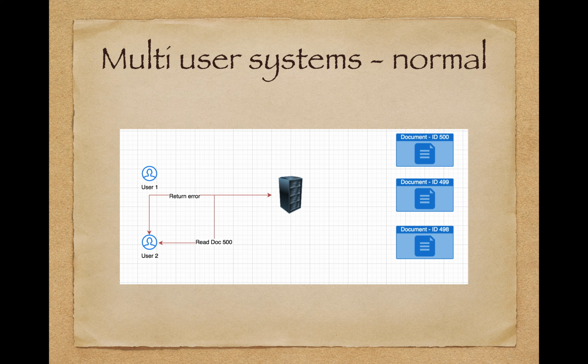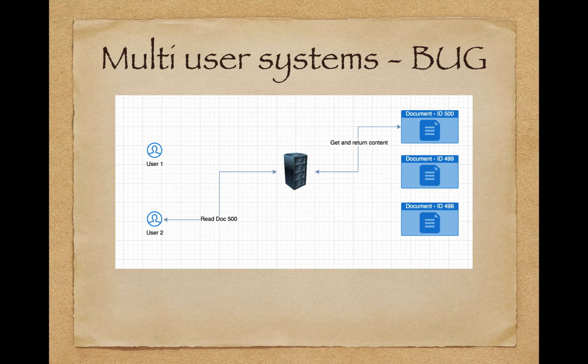Now, what would happen if user 2 does perform the call read document 500 and he gets the content? Well, that's an issue. That's a pretty big bug, especially if it's a multi-user system. Now you have a lot of cloud systems where a lot of users can log in, and those systems, for example Google Documents, don't create a separate database for every user.